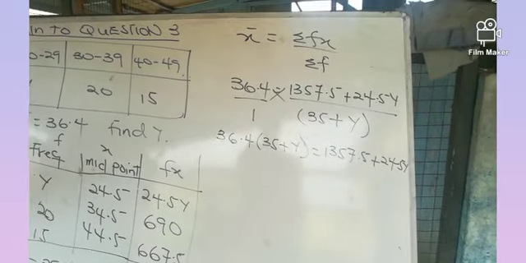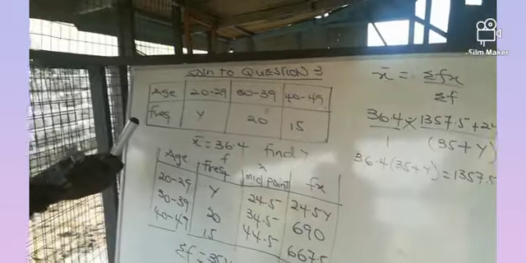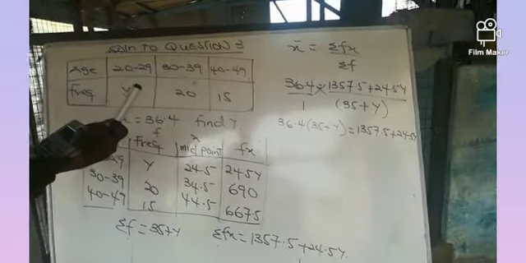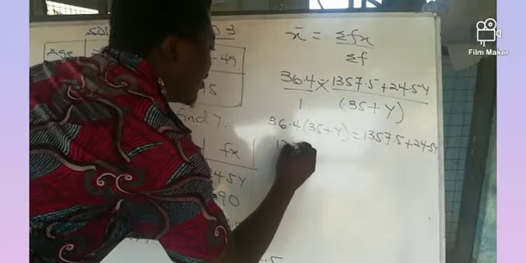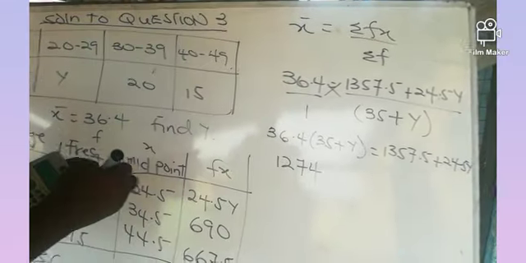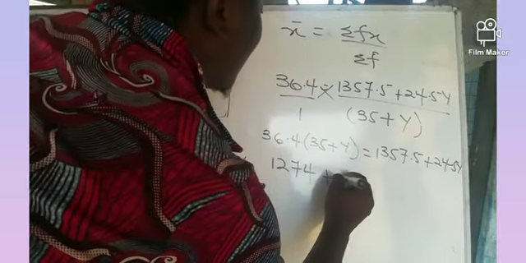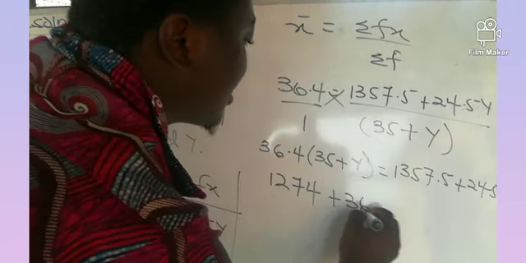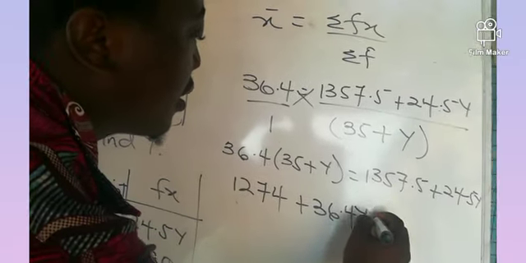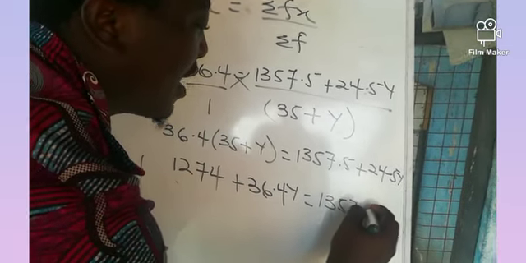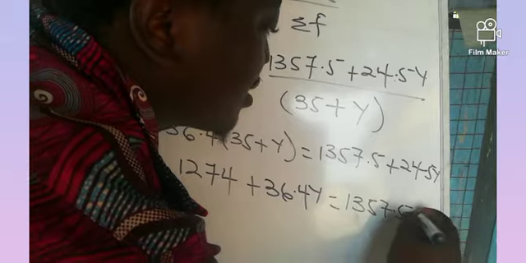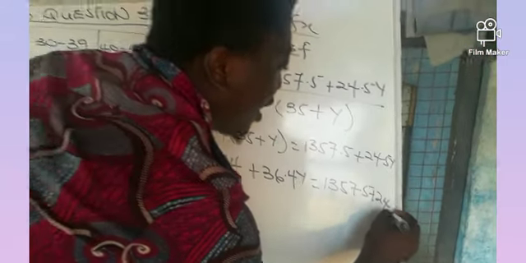So what is 36.4 times 35? You get 1274 plus 36.4y is equal to 1357.5 plus 24.5y.